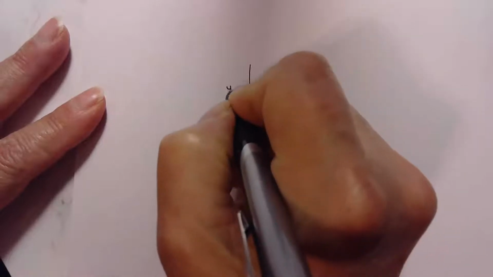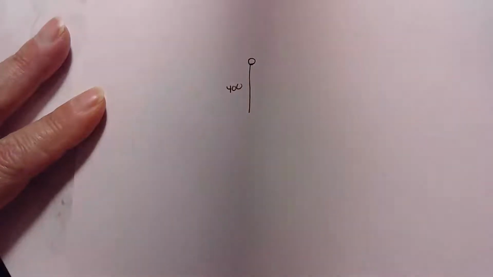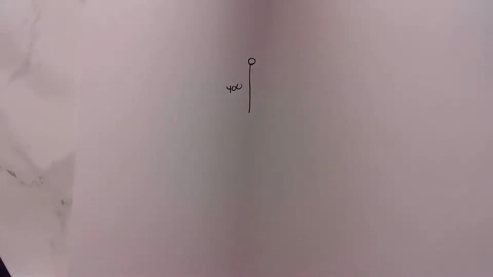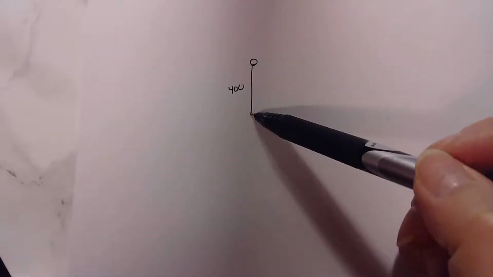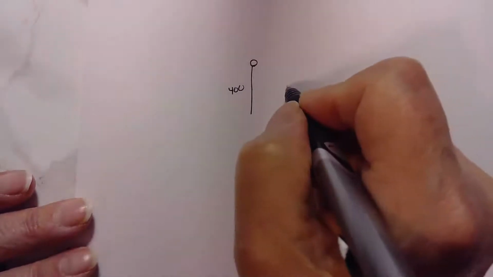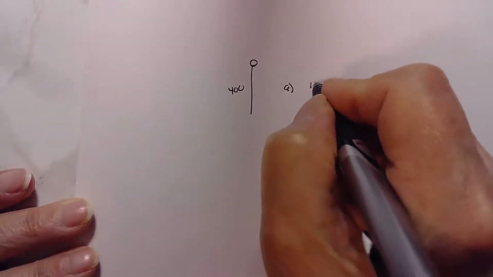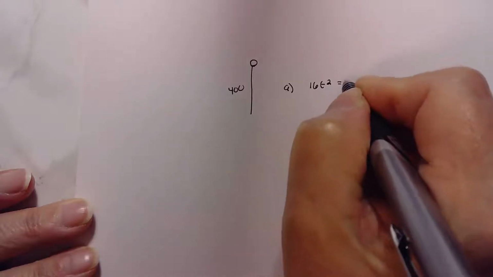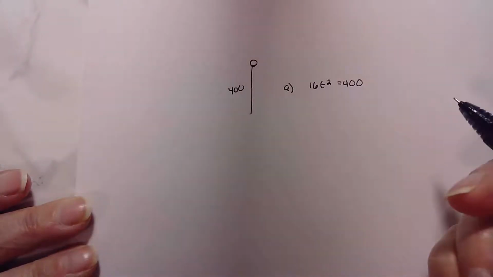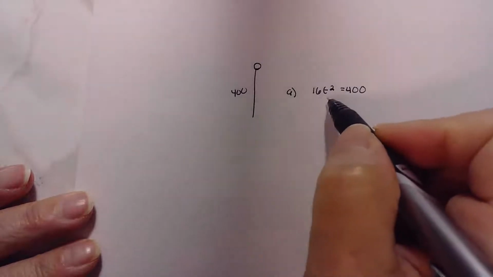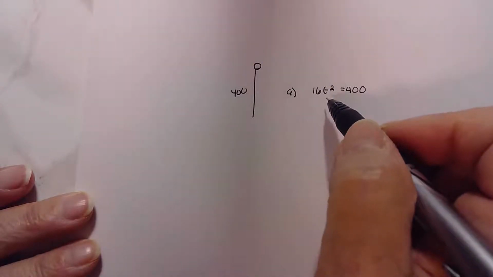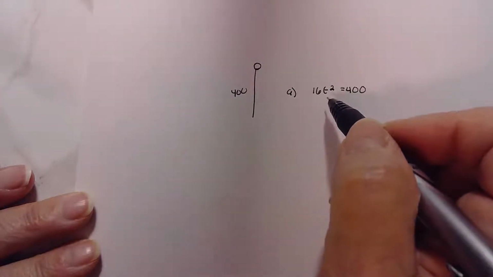Right. So again, what we know is that the ball is 400 feet, I'll put it up here on a stick, 400 feet above the ground, right? So if we drop it, the furthest it can fall is 400 feet. So in part A, what you're going to have is 16 t squared is equal to 400, because this represents the distance that the ball drops.